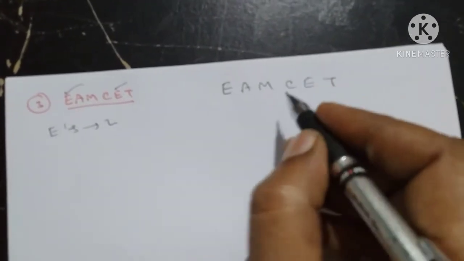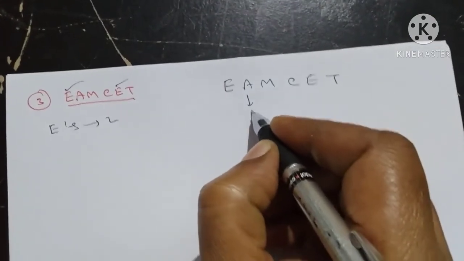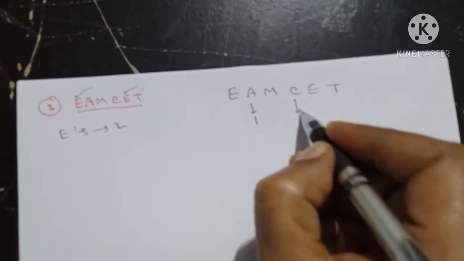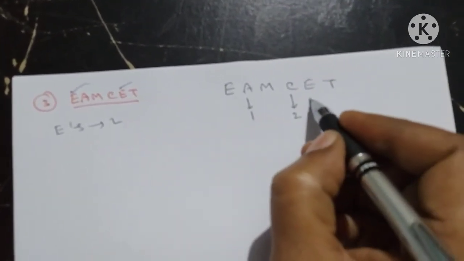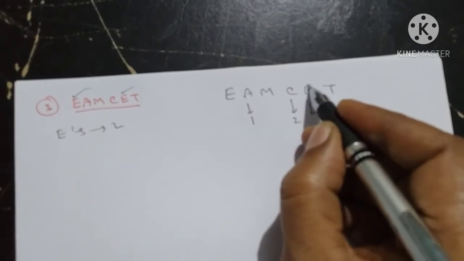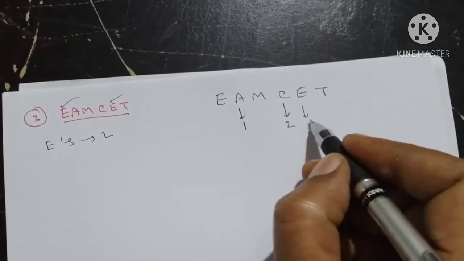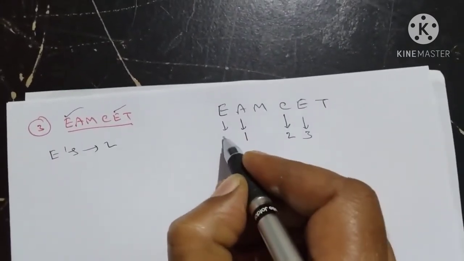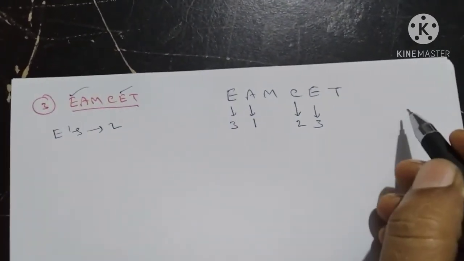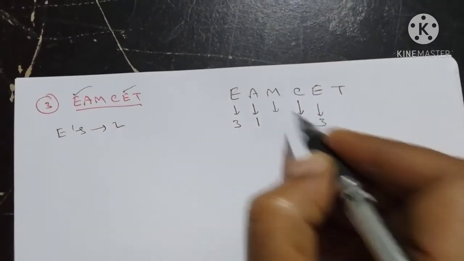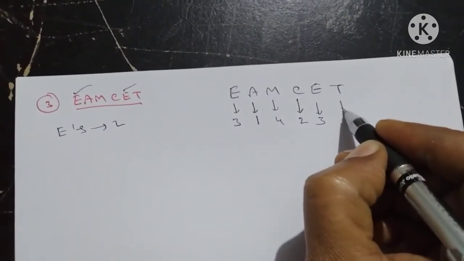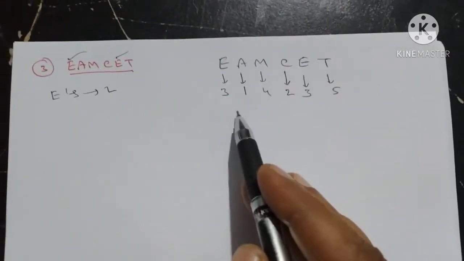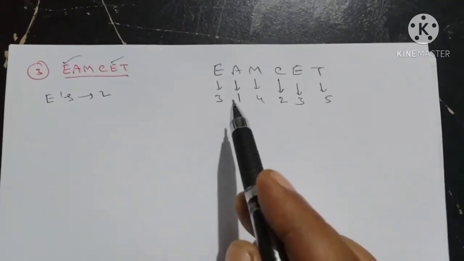The first rank goes to A, the second rank to C. Now for the third rank, here E's are repeated. Next rank is M, the fourth rank. This is the fifth rank, T is the fifth rank. Now here E occurs 2 times.